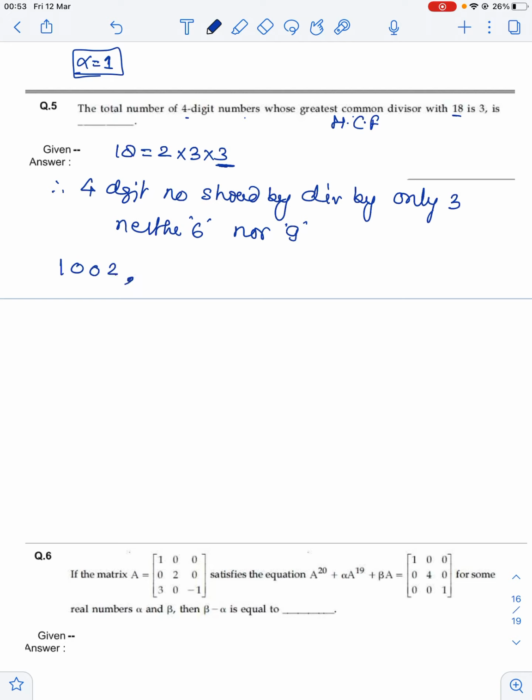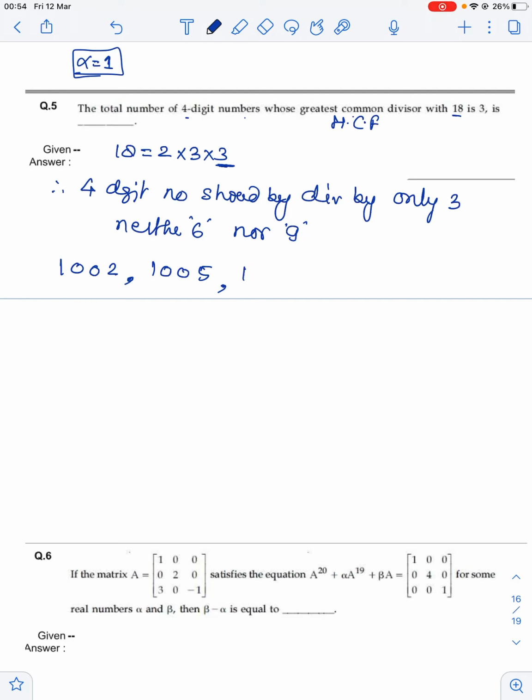So a 4-digit number divisible by 3, neither by 6 nor by 9, we can easily say that 1002 is the first 4-digit number. Next is 1005, which is divisible by 3, and this is also divisible by 6.